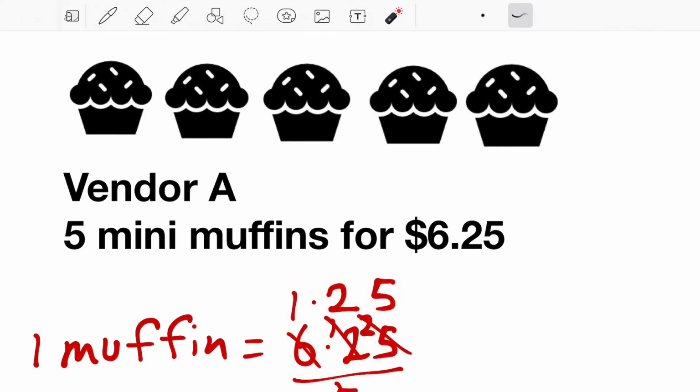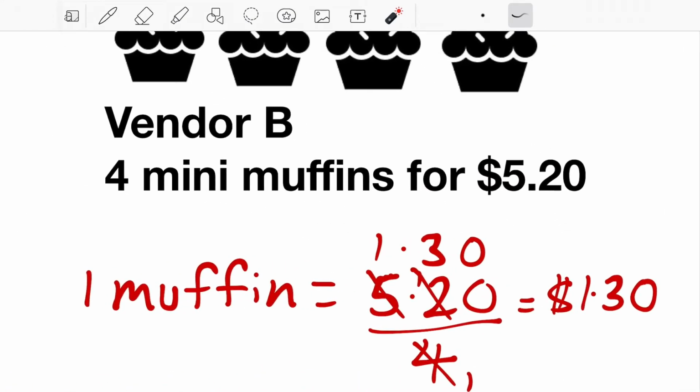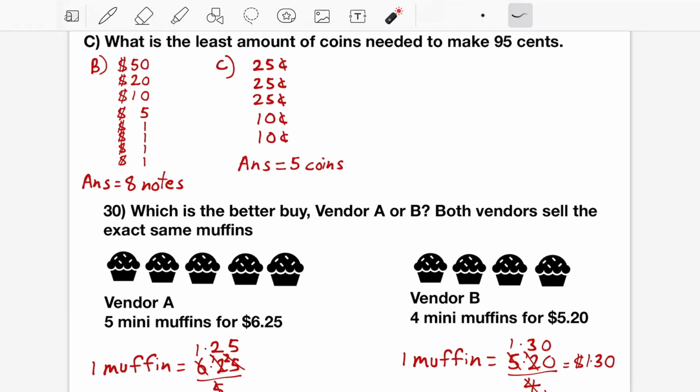So one muffin is $1.25 at vendor A, and by vendor B, we have 5 muffins for $4. 4 into 4 is 1, 4 into 5, 1, remainder 1, 4 into 12 is 3, 4 into 0 is 0. So by vendor B, we have the same muffin for $1.30. So vendor A is the more affordable, cheaper, or better option.